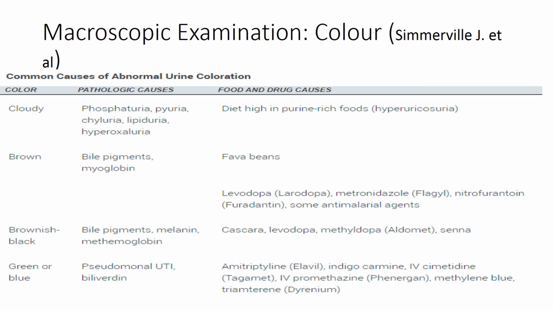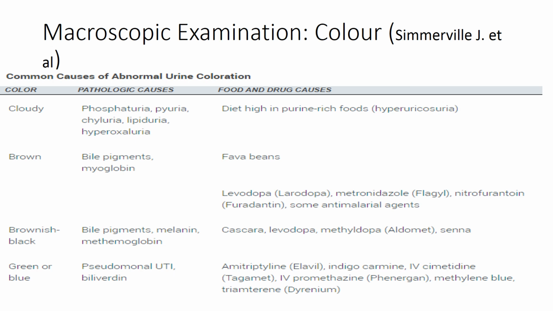Here are some examples of how the appearance of the urine may change. You may get cloudy urine if there are precipitated crystals in the urine, or if a patient has infection. You may get brown urine if a patient has myoglobin in the urine, if they've eaten fava beans, or if there are bile pigments present.